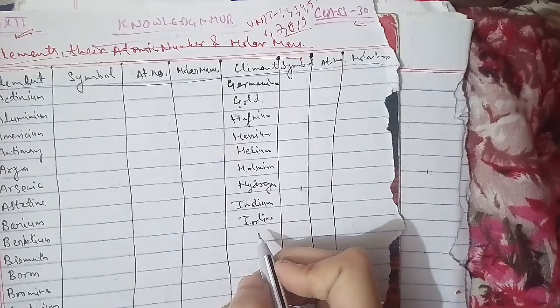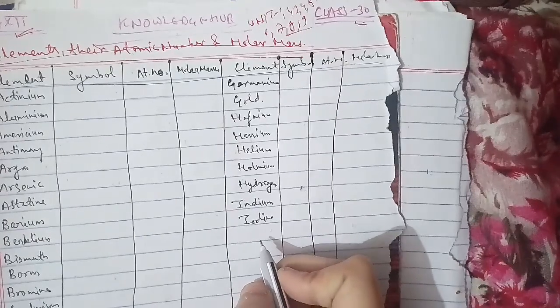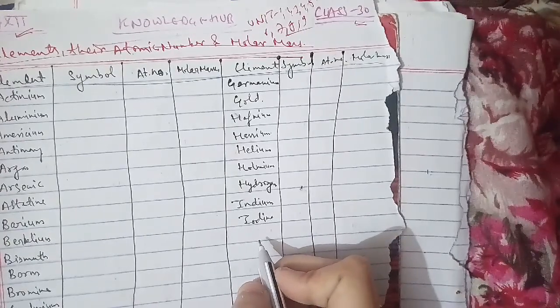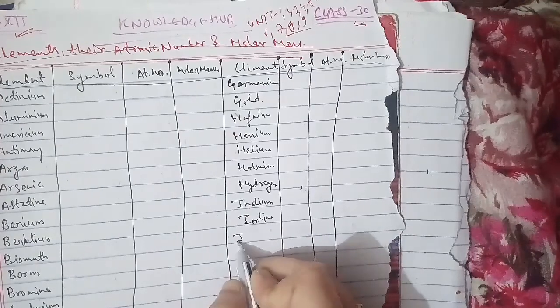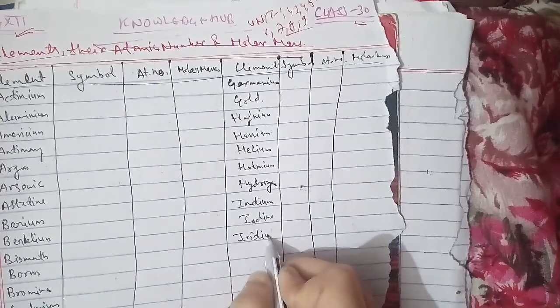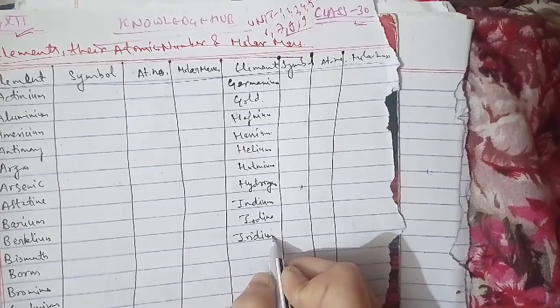Then we have iron. Then we have krypton. After krypton we have lanthanum.